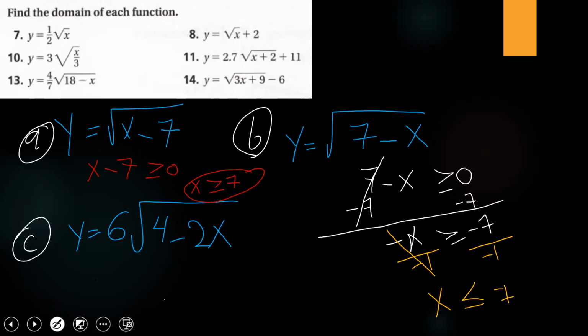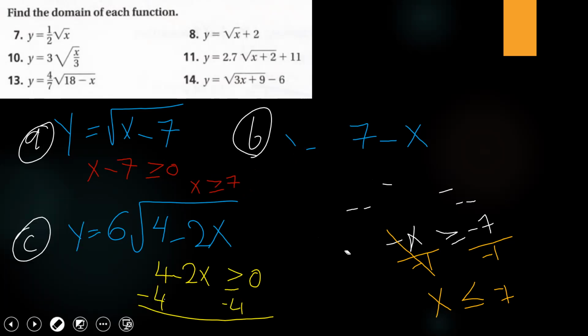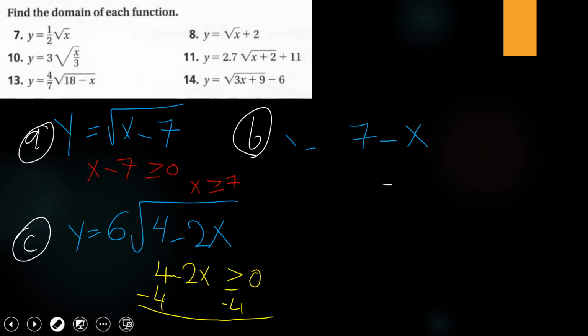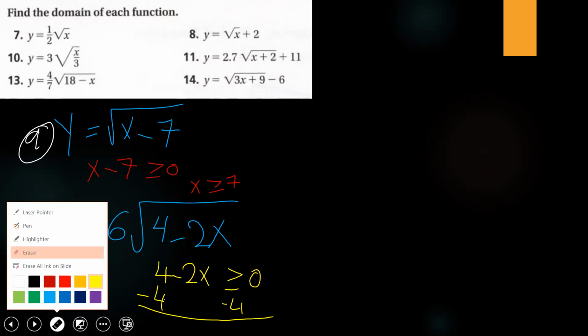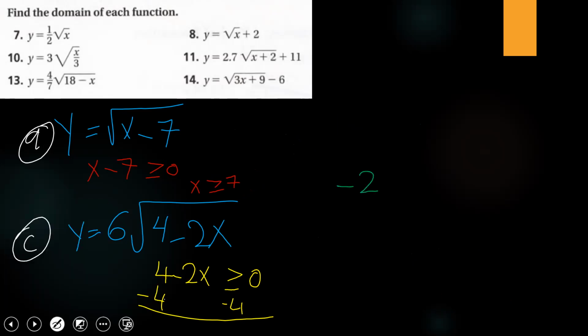Now let's solve C. In C here, I have to look at 4 minus 2x only, which is greater than or equal 0. Minus 4, minus 4. What did I get now? Negative 2x greater than or equal negative 4.